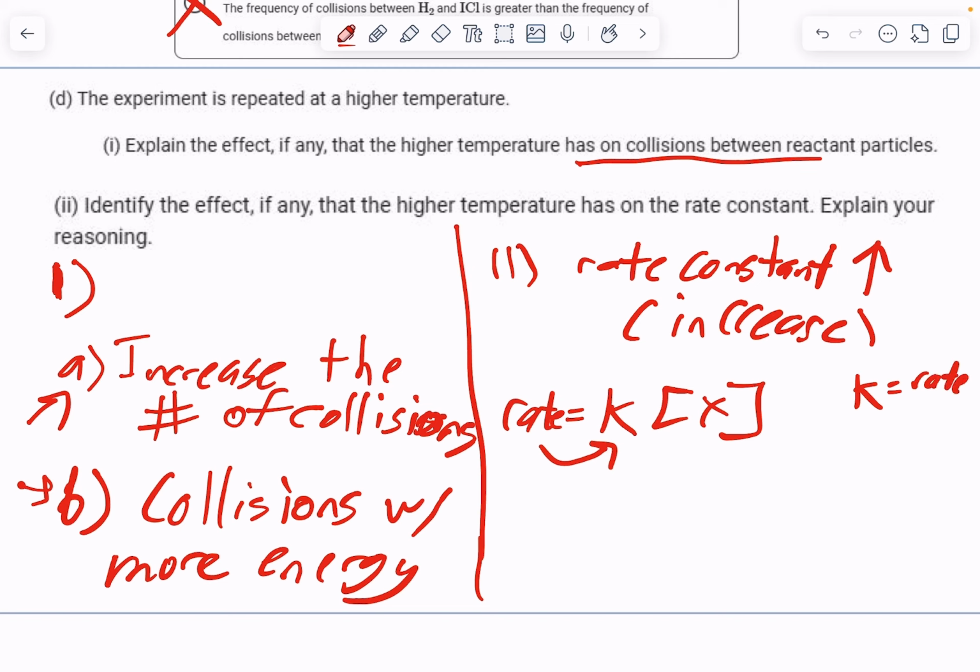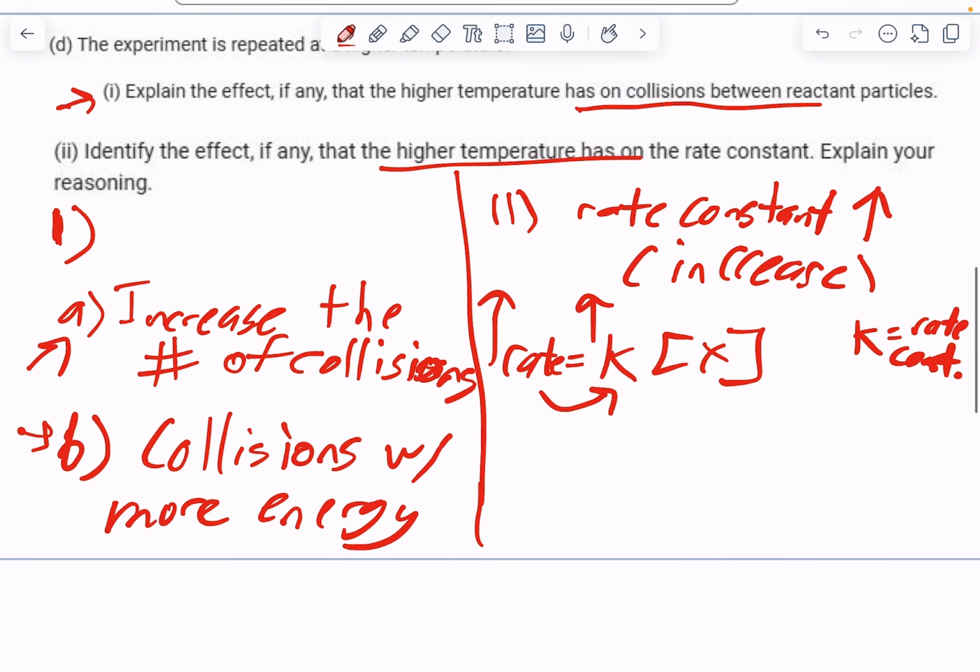So if the rate is going to increase, the rate constant has to also increase. The concentration is going to stay the same because we're not increasing the concentration. We're increasing temperature. If we increase temperature, we talked about in part one that the rate is going to increase. So if the rate increases, the rate constant has to also increase. So you can use the rate law as an explanation.